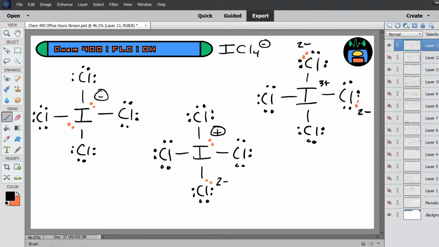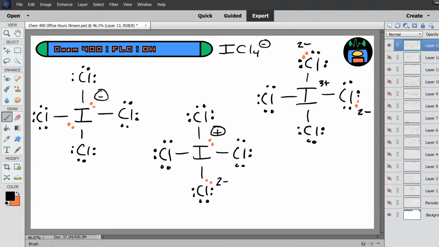So the reason why, oh, I see what you're saying. Why don't you do multiple bonds between, like, the chlorine with the -2 and the iodine, for example, to minimize formal charge? Kate, that is a great question.